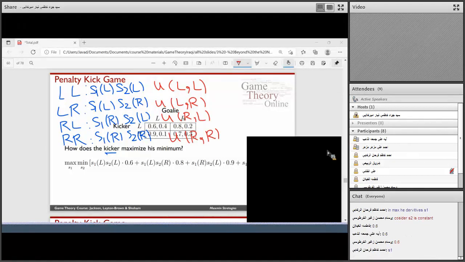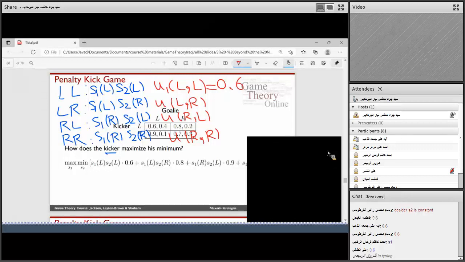So the utility of left, left for user 1 is 0.6. That's correct. What I was going to ask is this is 1. Yes, Ahmad Kadam mentioned it as 1, and everybody else said 0.6, which is also a correct answer.